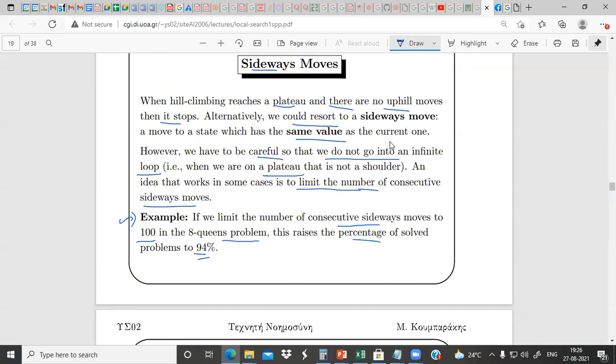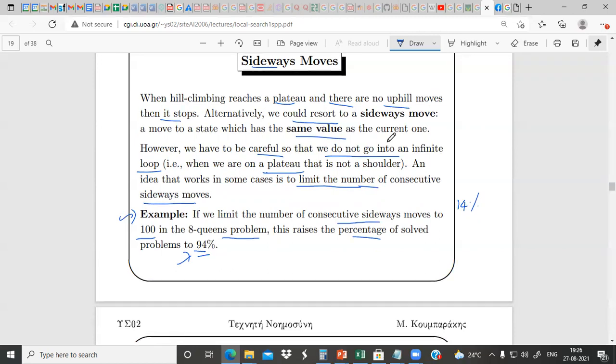The original version of steepest ascent, when you apply raw steepest ascent hill climbing as it is, its success rate is only 14%. But when you allow consecutive sideway moves when it gets stuck in local maxima, with an upper limit of 100 times, the algorithm's performance increases to 94%, which is a very good improvement, right? Okay.